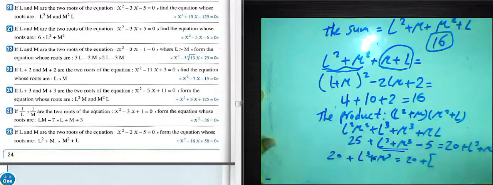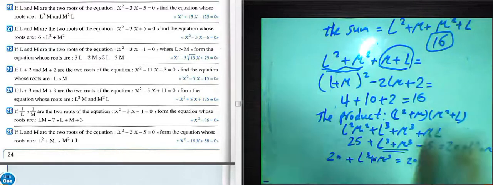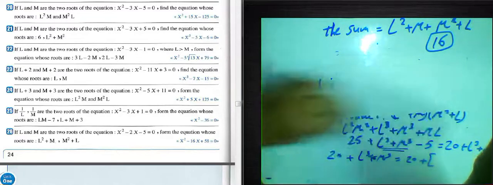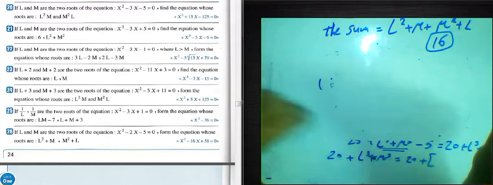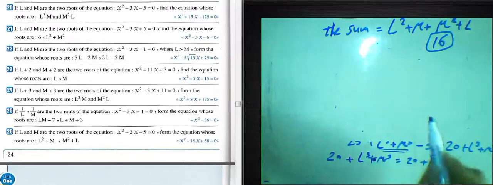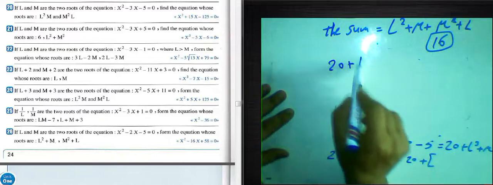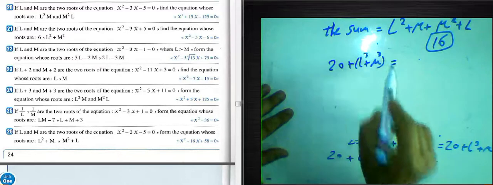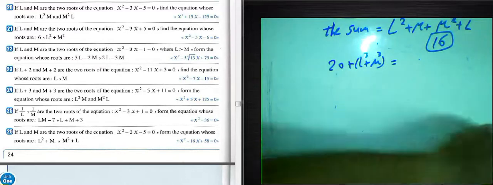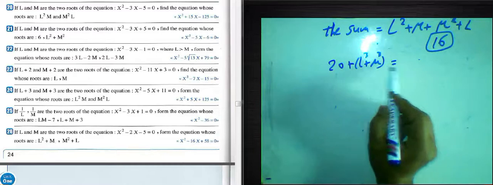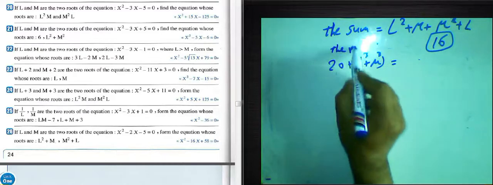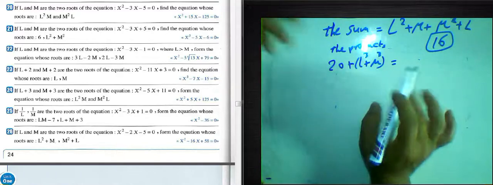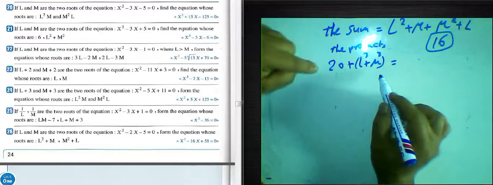We give the sum and write the product. 20 plus L plus M, I want to find the result. We know the product. I will complete here. You must stop the video and write all these steps and complete with me.